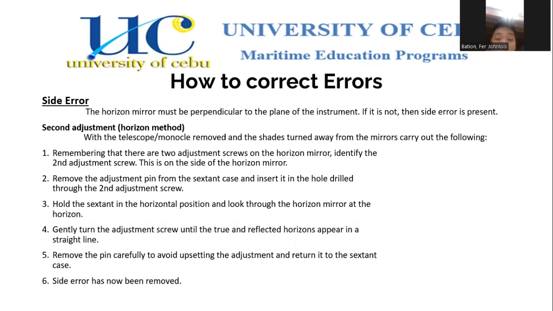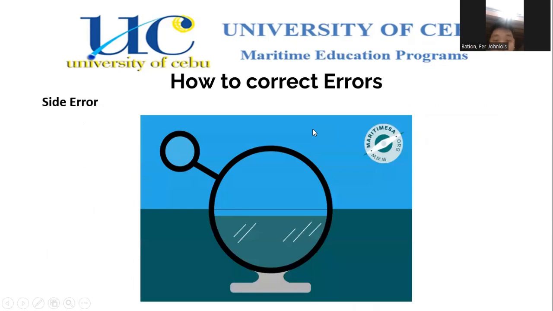Then remove the pin carefully to avoid upsetting the adjustment and return it to the sextant case. And lastly, side error has now been removed. Next slide, please. So this is the example of the side error.